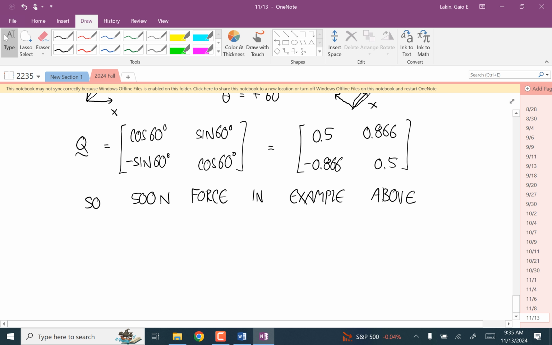So now we have our rotation matrix multiplied by 500, 0.